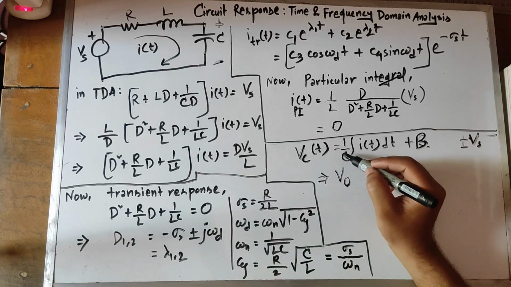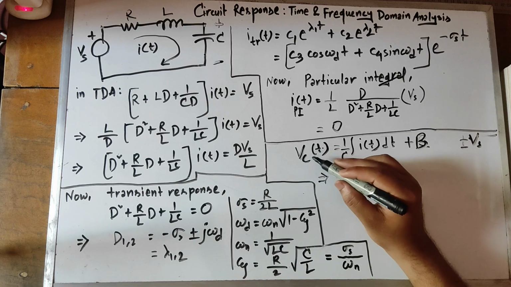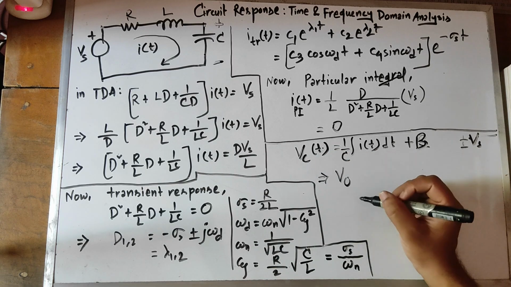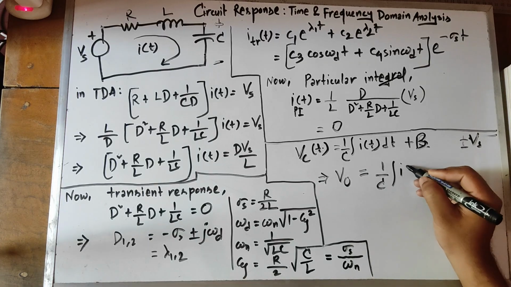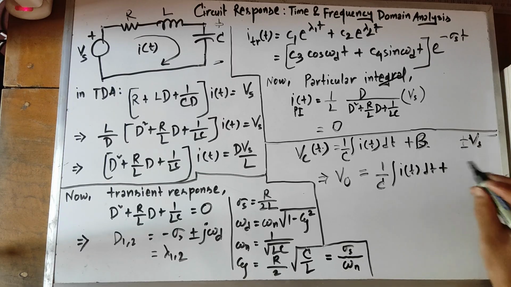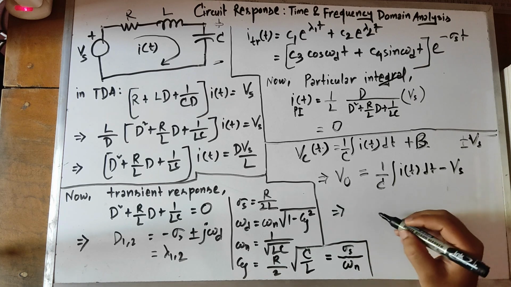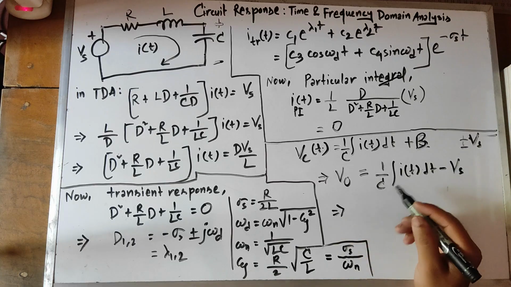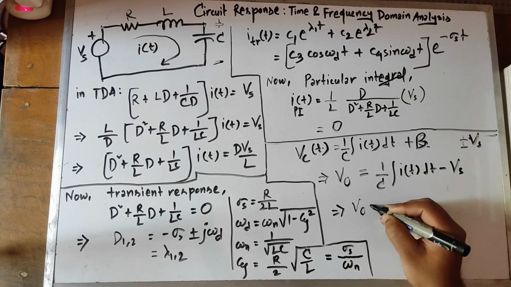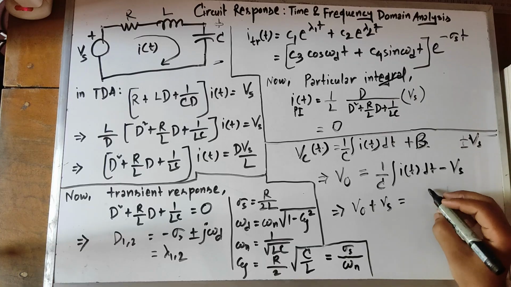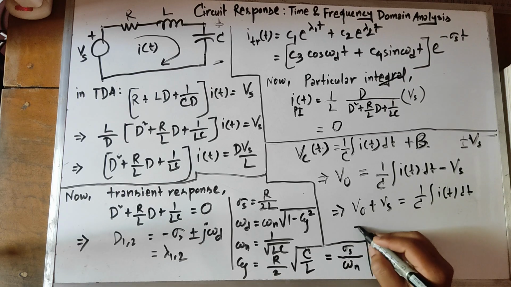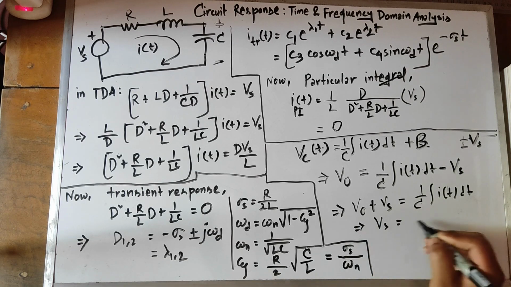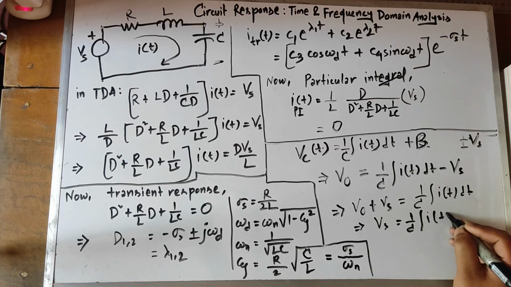At time t equals 0, Vc, the voltage across the capacitor, is the initial voltage, and 1 by C integral, say this is minus vs. So if I take this minus vs to the left side, it becomes V0 plus vs equals 1 by C integral of i dt, and I have assumed V0 is 0, so vs equals 1 by C integral of i dt.